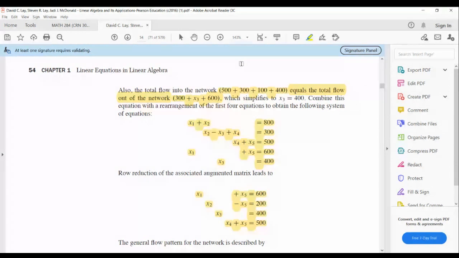And if you solve that, you're going to have 800, 1300 equals 900 plus X3. That means X3 has to equal 400. That's where they're getting it from, Eleni.